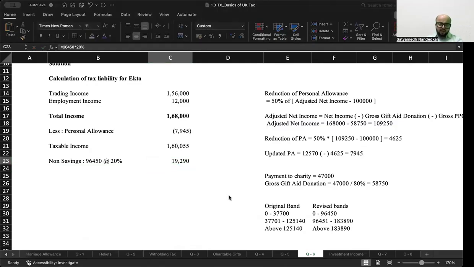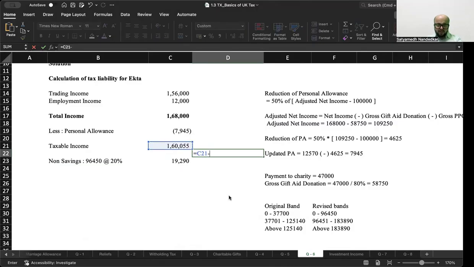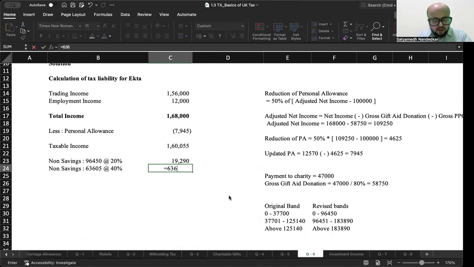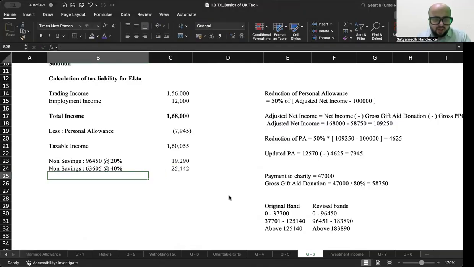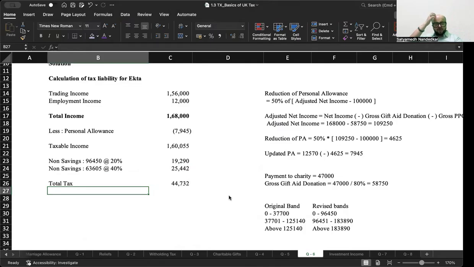Now understand one thing, that this person has a taxable income of 160,055, out of which I already taxed 96,450 in the basic rate band. How much is left? 63,605 is left. Okay, so 63,605 will get taxed at 40%. 63,605 into 40%. How much is that? 25,442. So your total tax is 19,290 plus 25,442, 44,732.